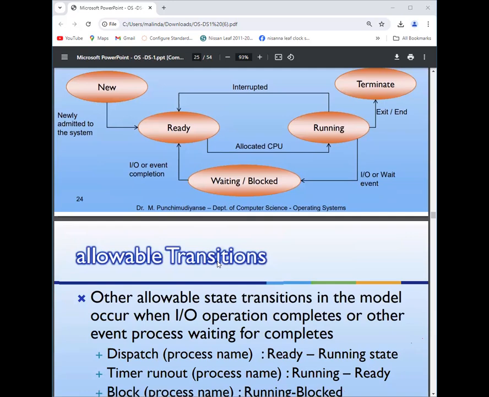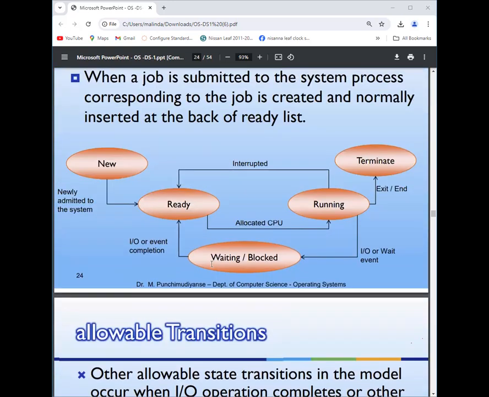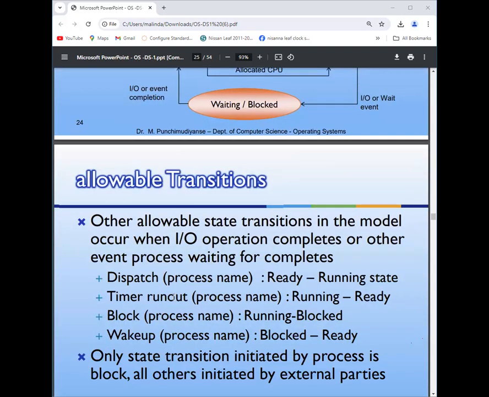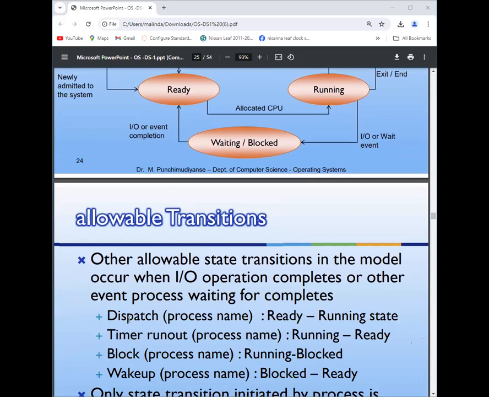These transitions that I have explained have different names. These are the four different names. The first one is dispatch. That means when a process moves from the ready state to the running state, we call it dispatch. That is the keyword, from the ready state to the running state.